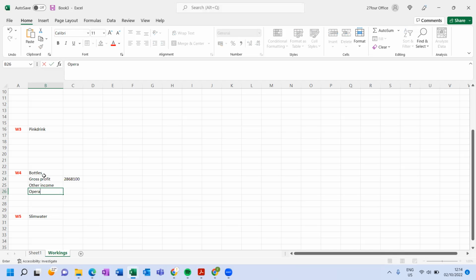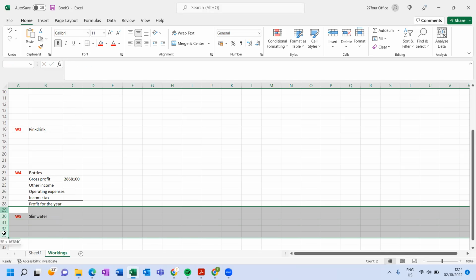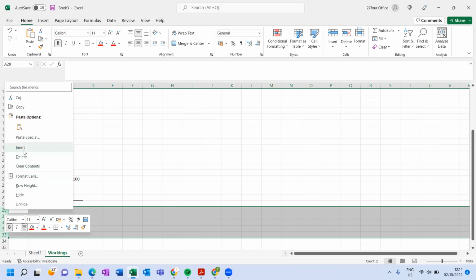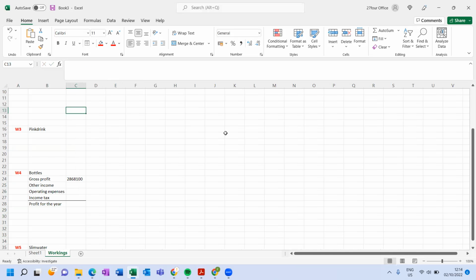I think there's operating expenses, and then there was income tax. Okay, so this is basically profit for the year. So this profit for the year is basically from the separate entity perspective. Then we need to ask ourselves a question: are there any group adjustments that need to take place? Okay, that is basically what we're going to have to ask ourselves. So let's have a look.